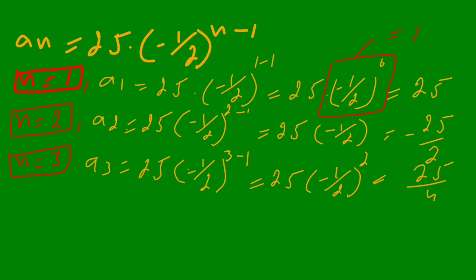Next we put here n is equal to 4. A3 is equal, sorry, A4 is equal to 25 into minus 1 over 2 raised to the power 4 minus 1.